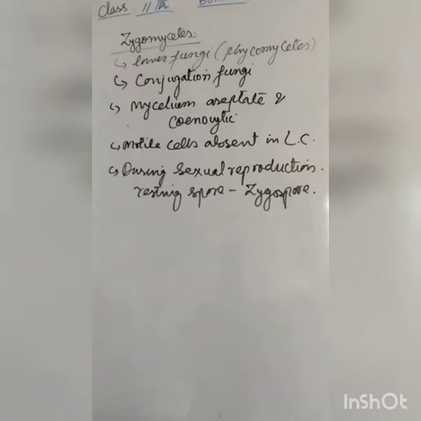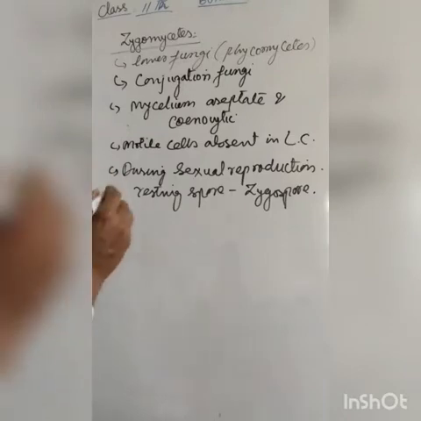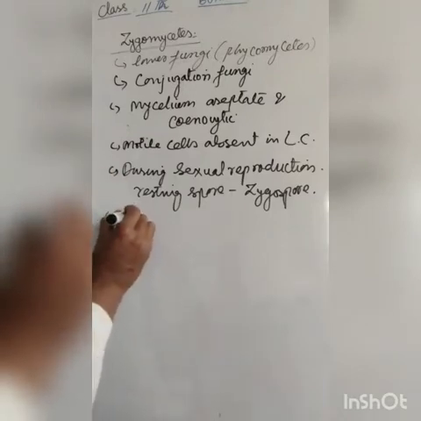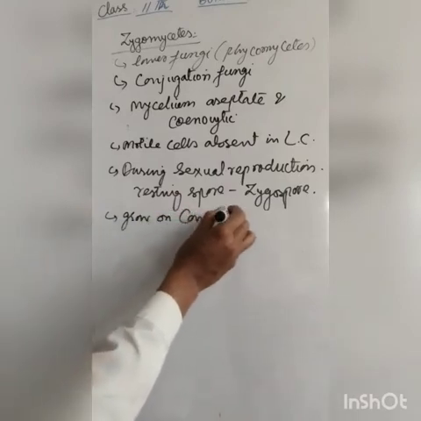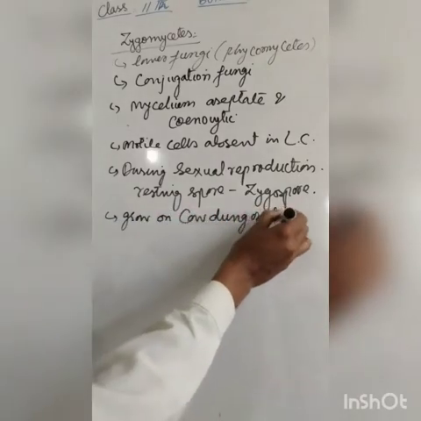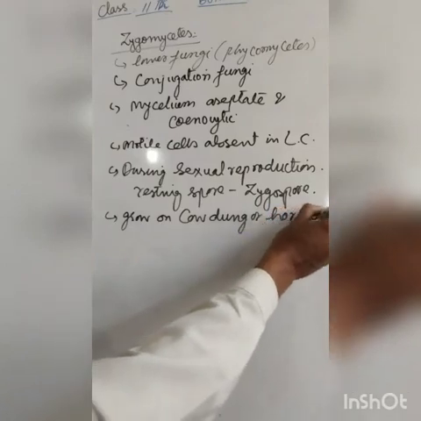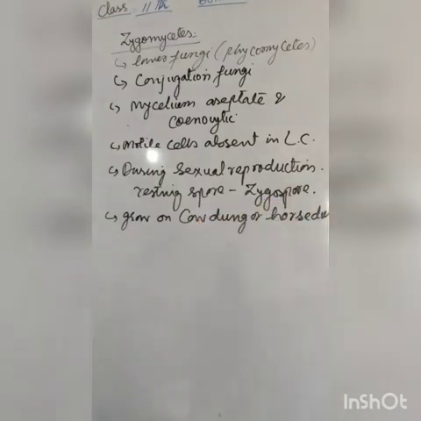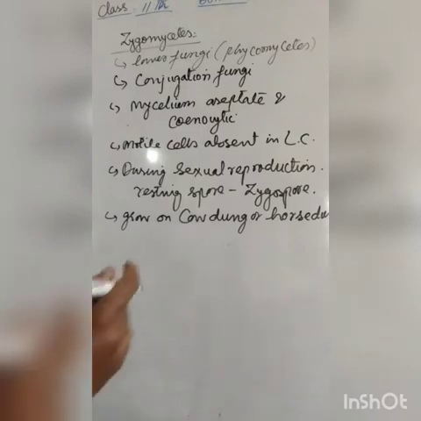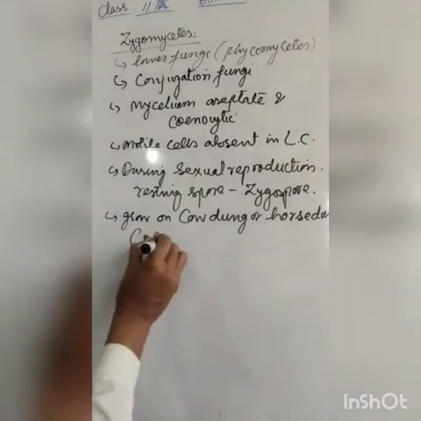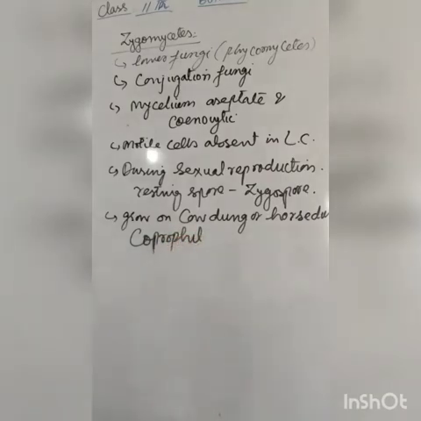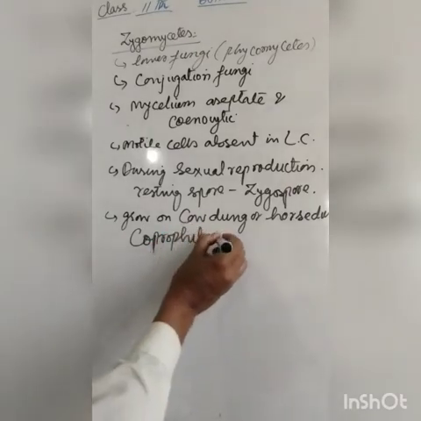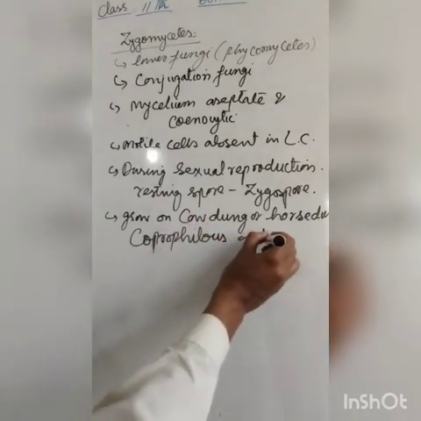Some species grow on cow dung or horse dung and are called coprophilous, or dung molds.